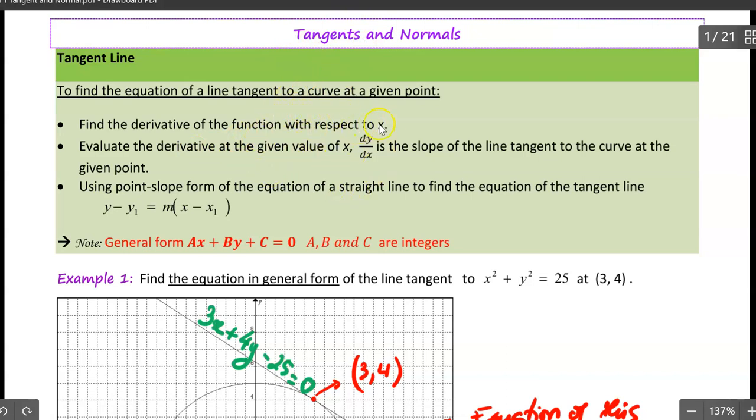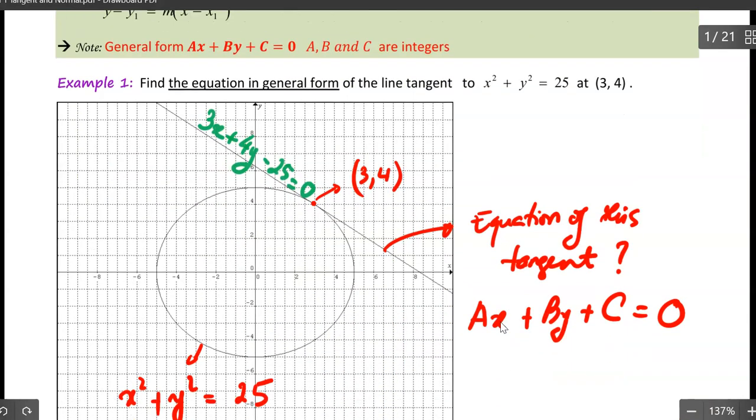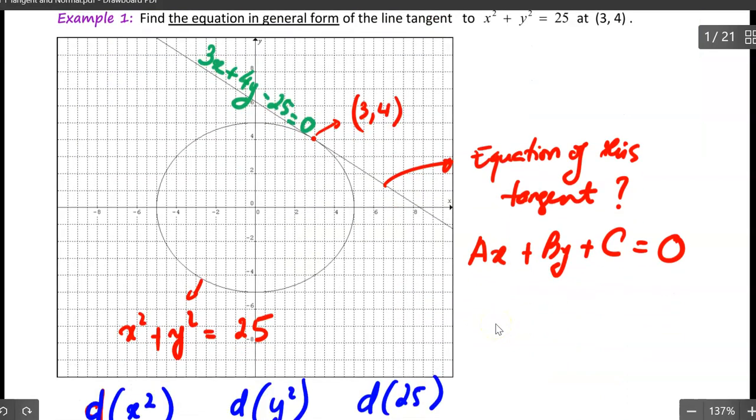And don't forget, I emphasize the idea that dy over dx is the slope, and dy over dx is the derivative. So finding the derivative of a function leads you to find the slope of a line tangent to a curve at a given point.